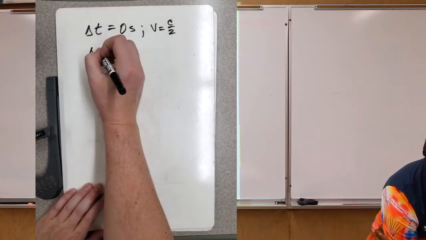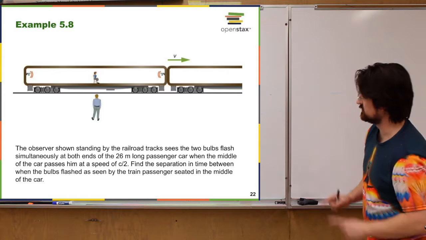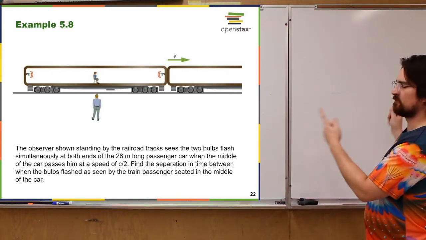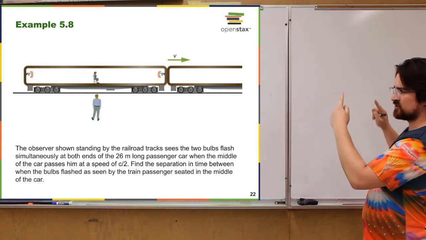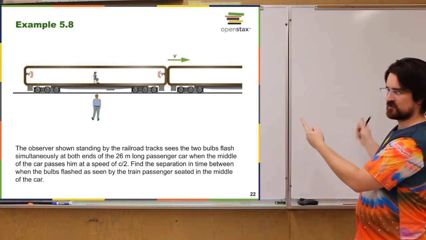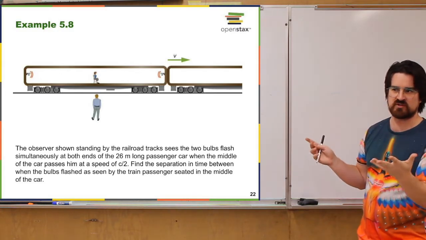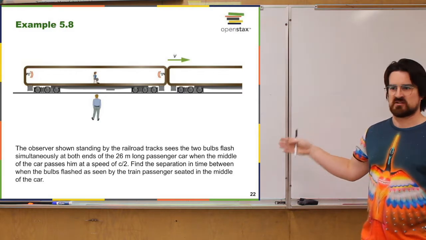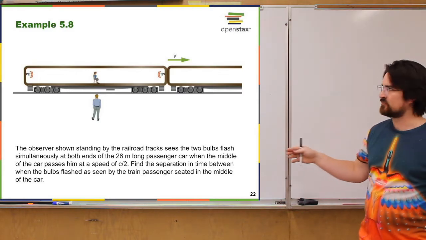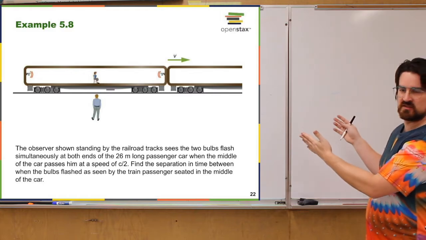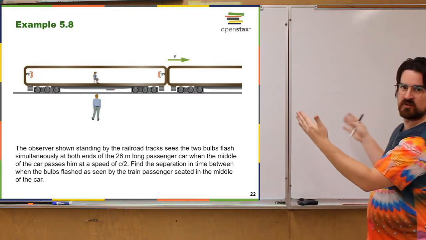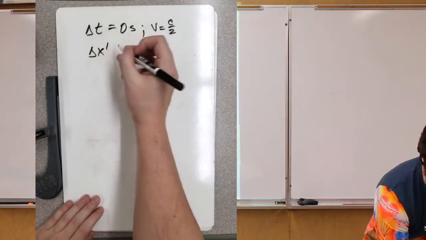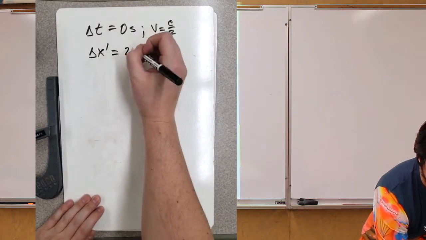And the distance that we're talking about, the difference from the front to the back of the train, is measured in the reference frame of the train. Normally you'd measure the length of a train by standing next to it, at rest with respect to the train. But that's now the distance in this moving reference frame. So this measurement is actually in the primed frame.